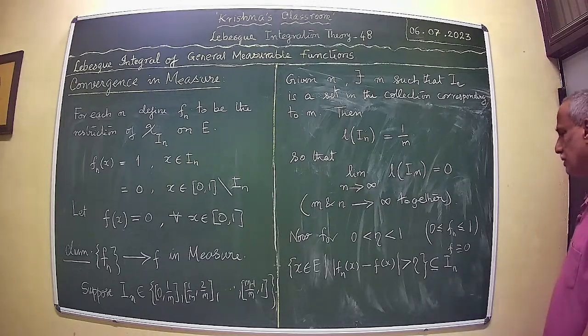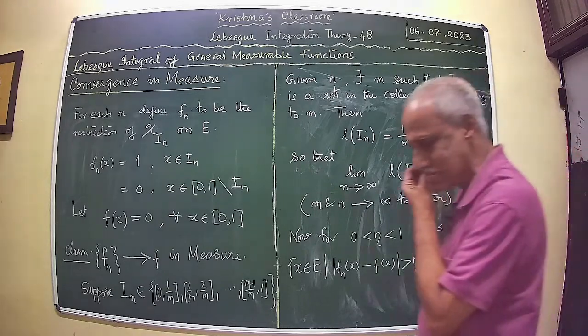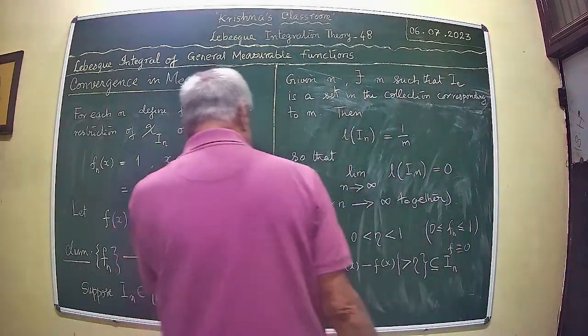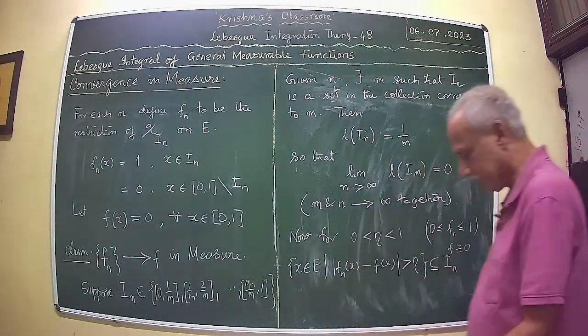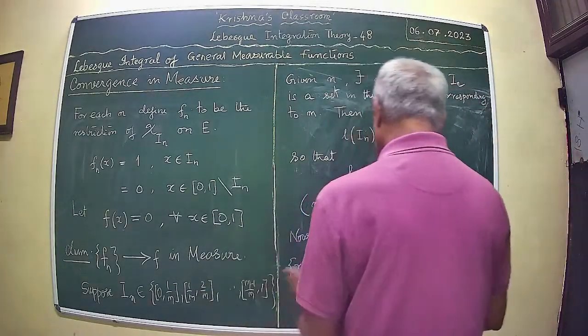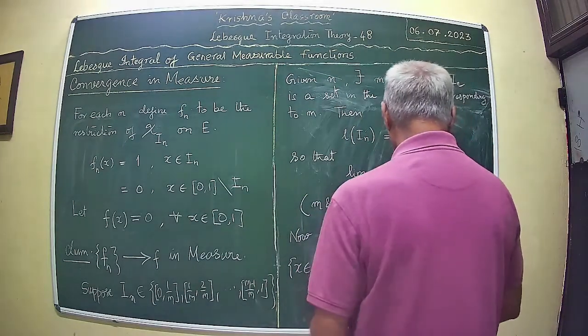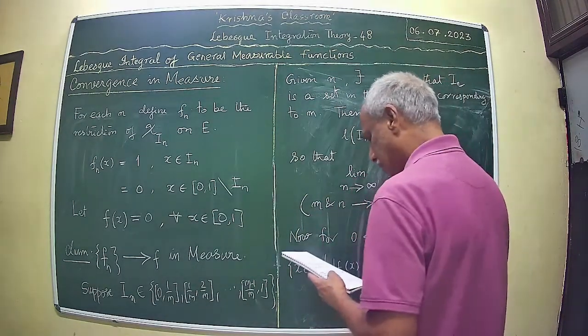Okay, certainly it is contained in IN, that's clear, right? Because the only points where Fn is going to be greater than 0 is outside the particular IN that you have. Okay, right?